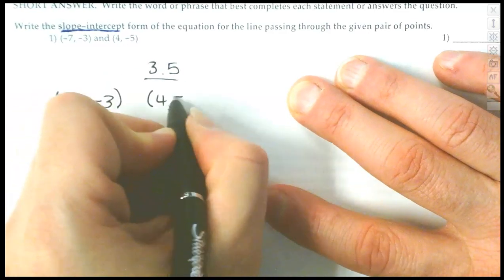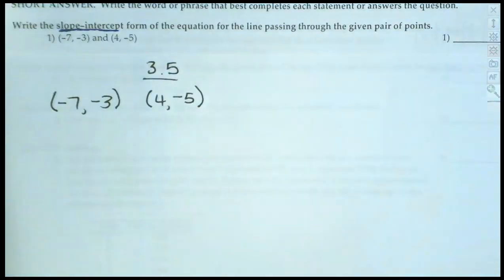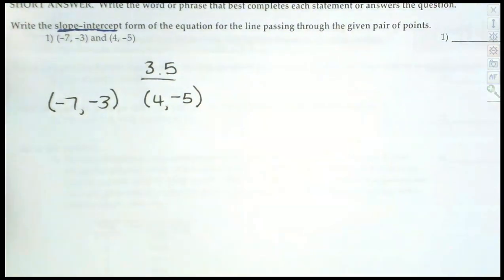We've got 4, -5. We need to add on an extra step. So we need to eventually get to the point-slope formula. Well, we already have a point. We actually have 2. But what we do not have is a slope. So we have the points already. We've got that taken care of. But we need to find our slope.